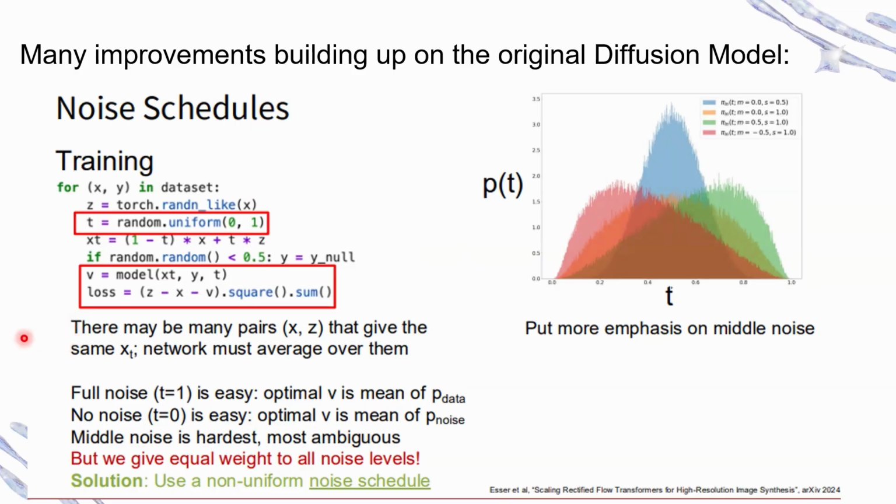We don't want to give equal weight to all of the noise, because in reality, the noises in images are different. When we use non-uniform noise schedules, full noise, which is a T of 1, is relatively easy. And then we might have no noise, where the optimal V is the mean of P of noise.